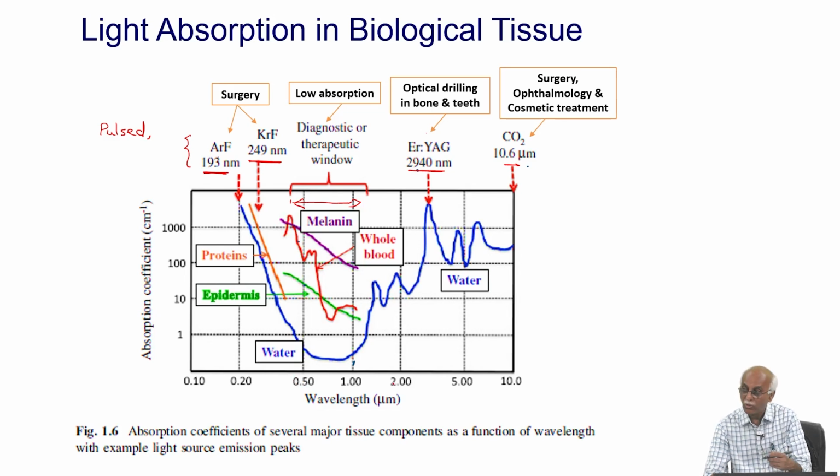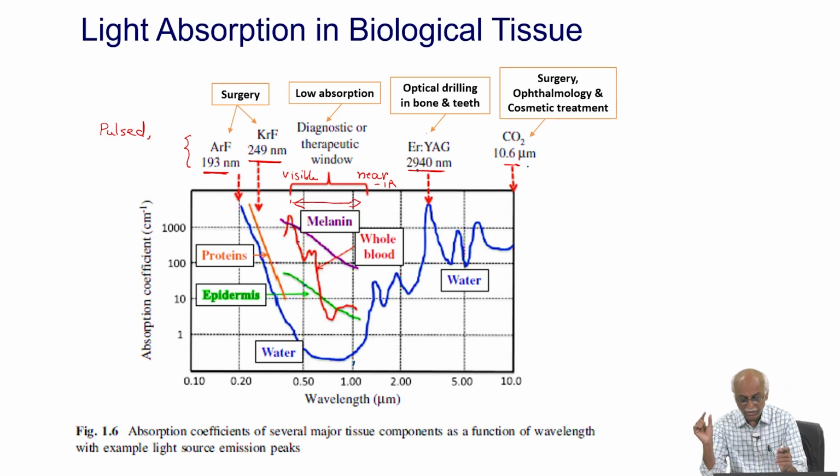Beyond 750 or 800 nanometer it is near infrared, not visible, but not very far, up to about 1050 nanometer. This is the range within which we try to use lasers for sensing purposes.